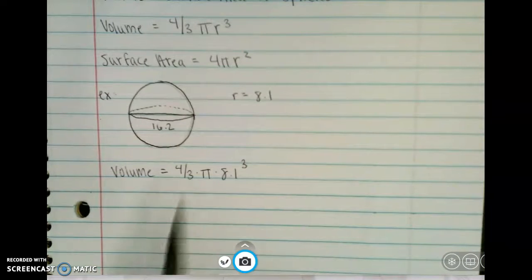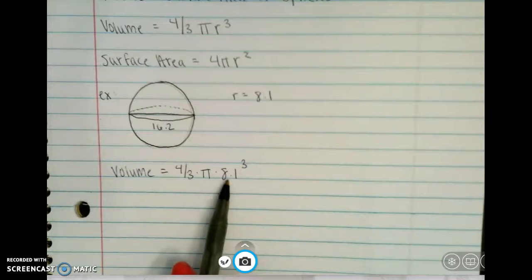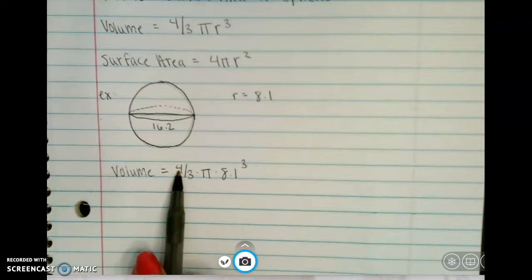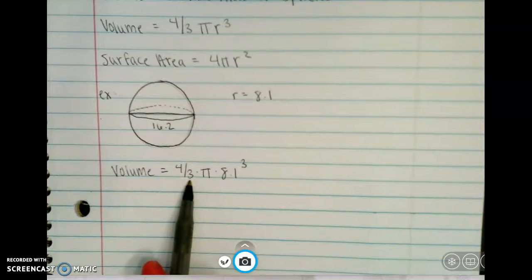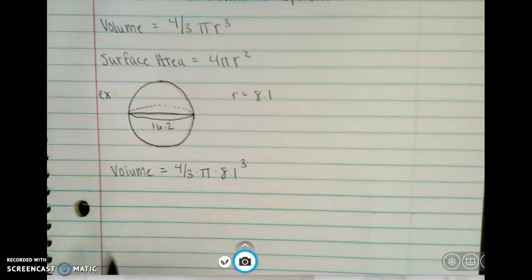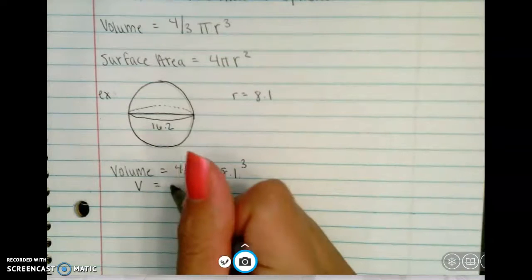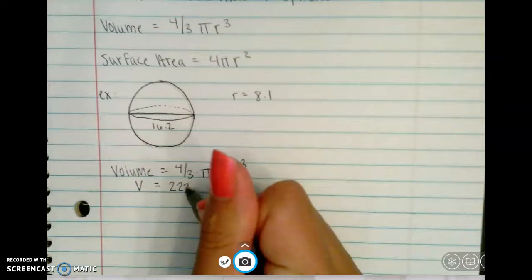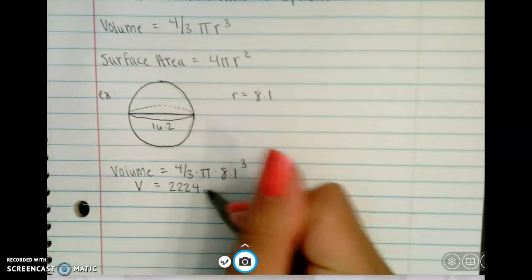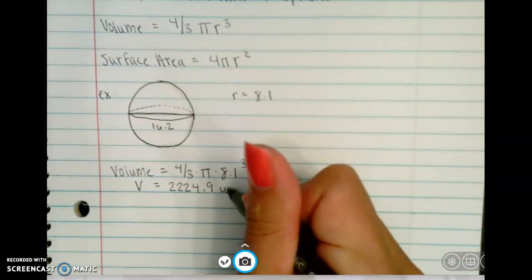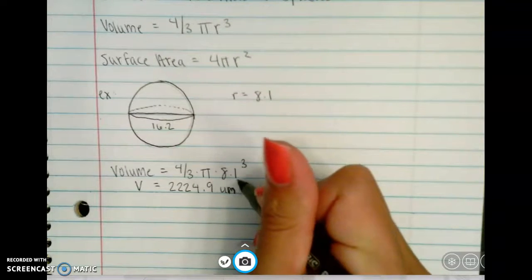I recommend doing 3.14 times 8.1 cubed times 4 divided by 3. That's a good way to get along with that fraction. When you do that, the volume is going to be 2,224.9. And remember that volume is in units cubed.